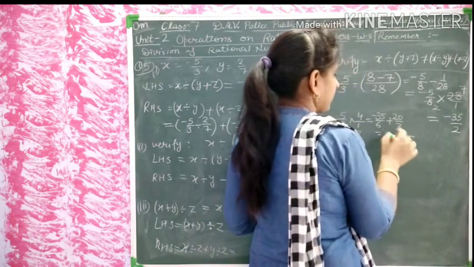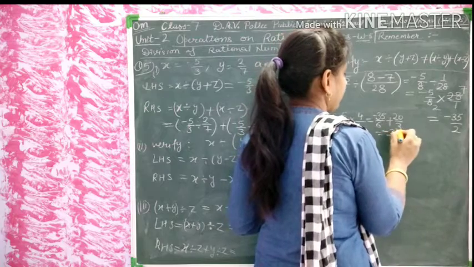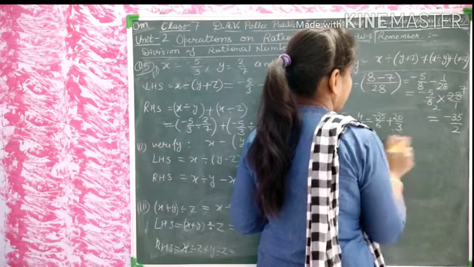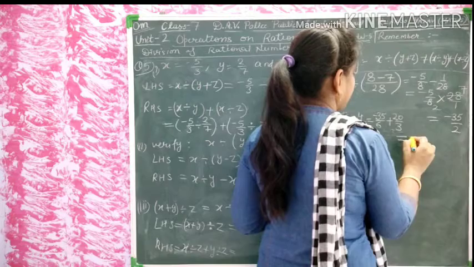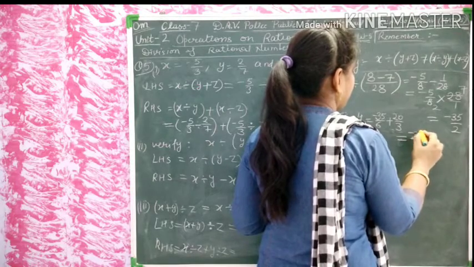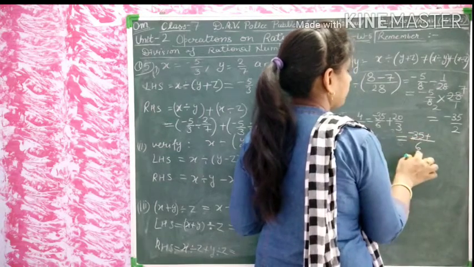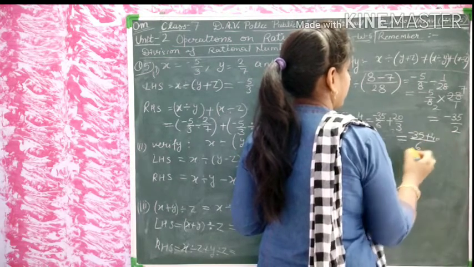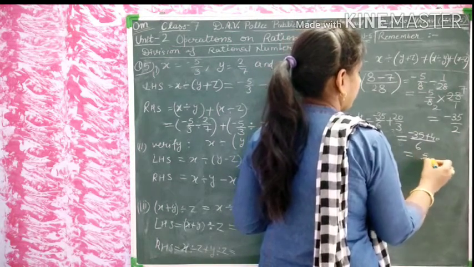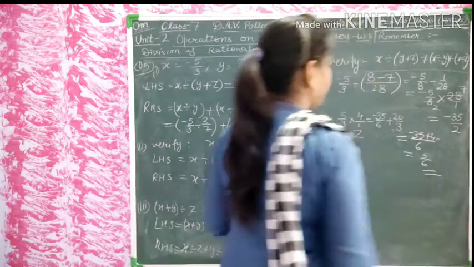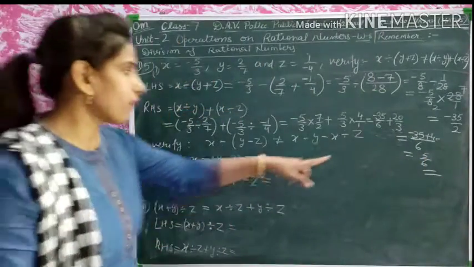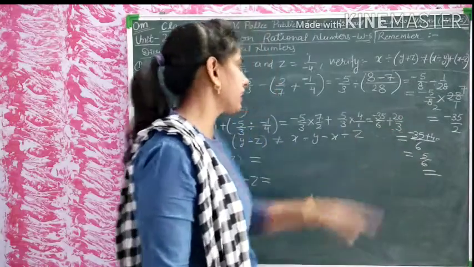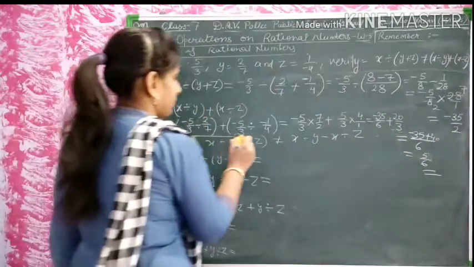LCM is 6 there, and minus 35, and plus, 3 2s are 6, and 2 20s are 40. We will get plus 5 by 6, and this is 5 by 6, this is the RHS side here.